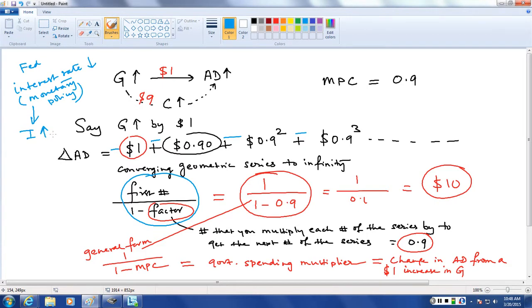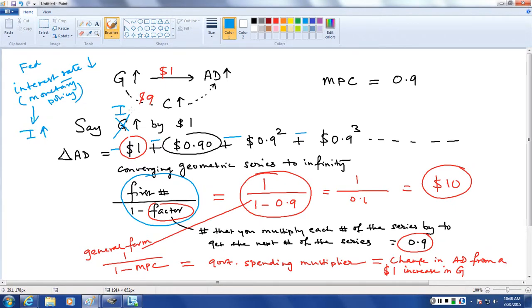And let's say that investment spending rises by $1. So instead of G going up by $1 here, I'm going to change that to I goes up by $1. Would there be any change in the discussion that follows? If investment spending goes up by $1, could you calculate the change in AD?